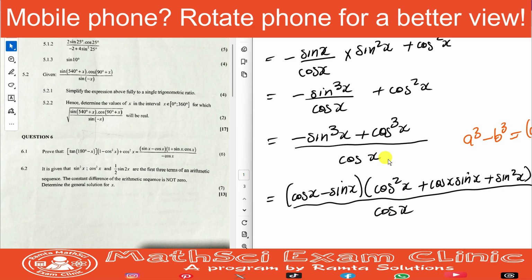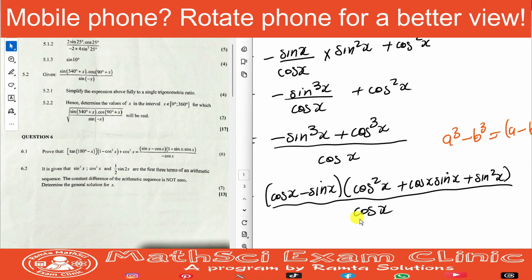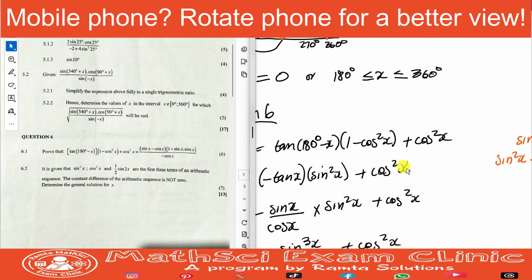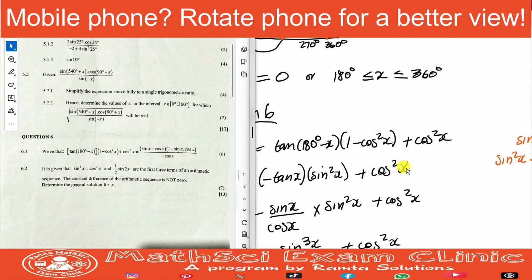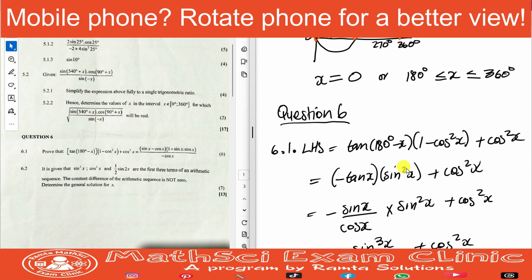Now, as we proceed, I want to show you here, we have cos square x plus sine square x. We know sine square x plus cos square x, like I showed you here, is equal to 1, isn't it? It is equal to 1.